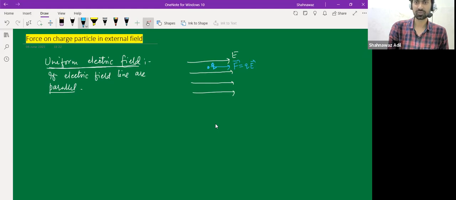Yes, sir. And if I put a negative charge, it will experience a force in the opposite direction, minus QE. So you see that the force is against the direction of the electric field. Understood, guys?